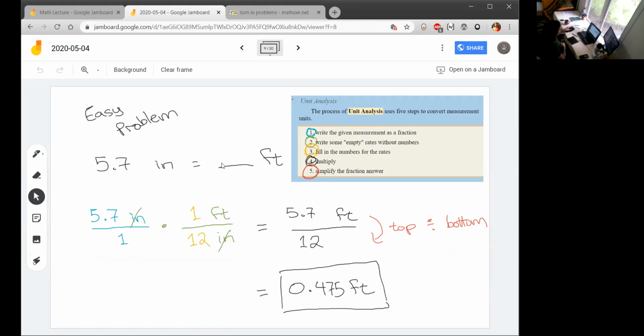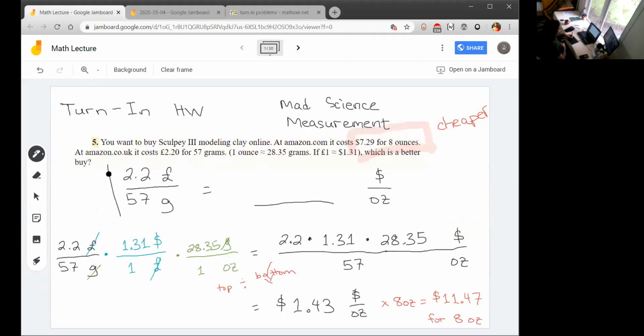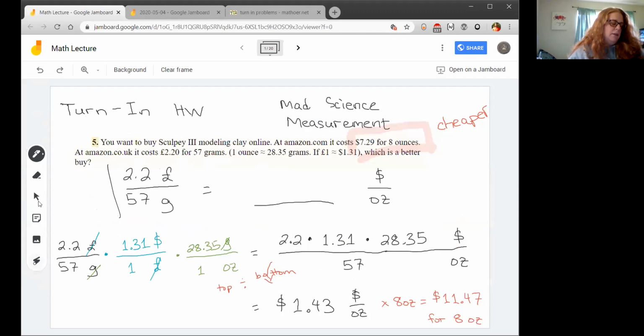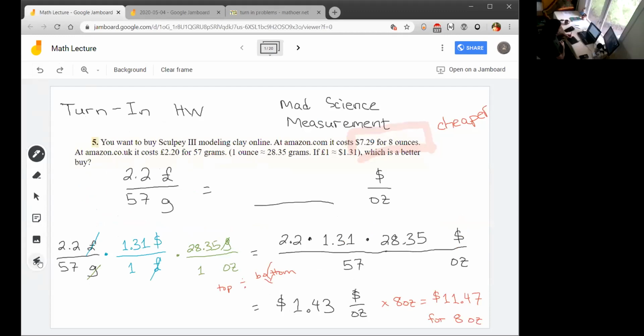In this case, 5.7 inches is not a rate. It's just one number. There's nothing that it's being compared to, which is very different than that one. This one here is a rate. It is a comparison that we have so many pounds per gram.